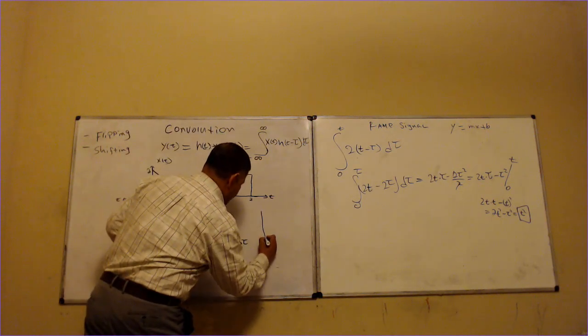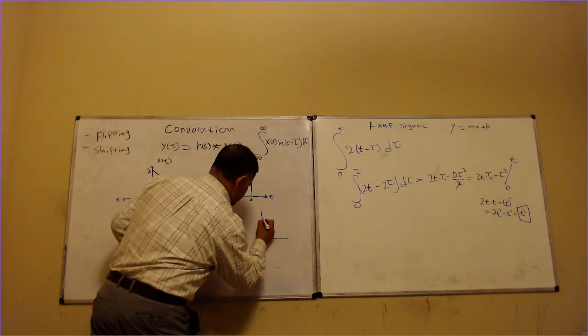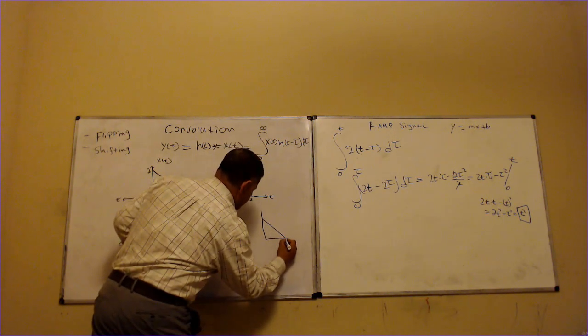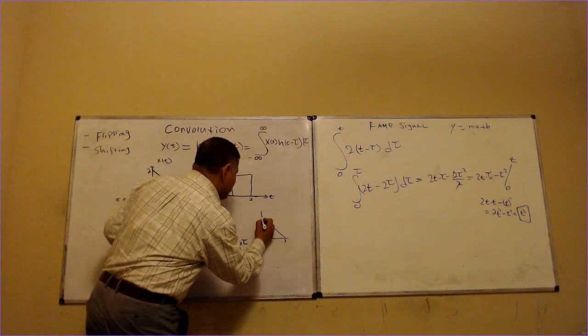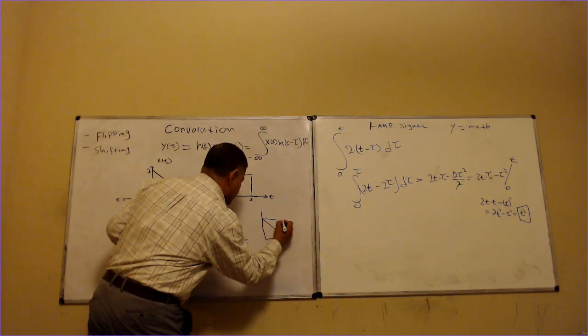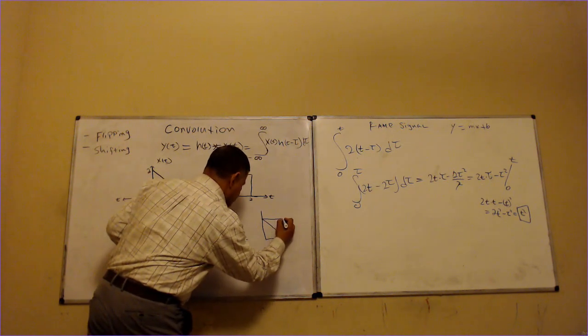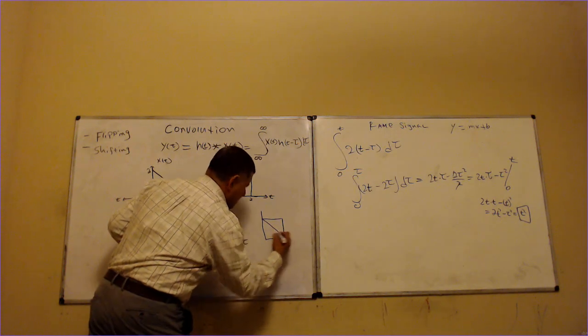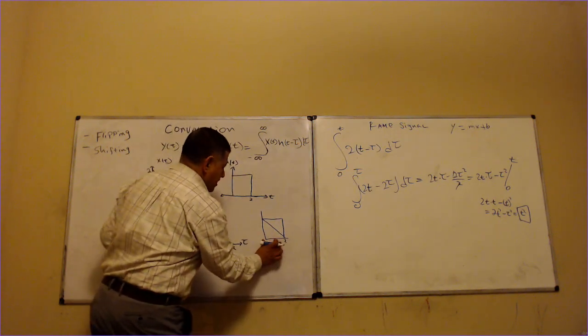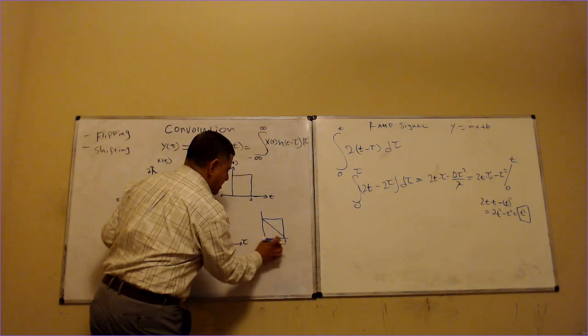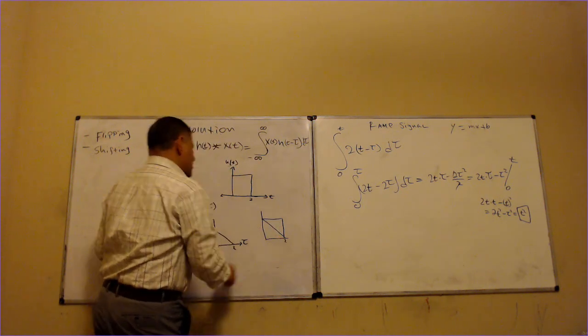I am going to do another. This is 2. Now the rectangle is going to be sitting right in the same length with the triangle, because they are the same length. That is the maximum.